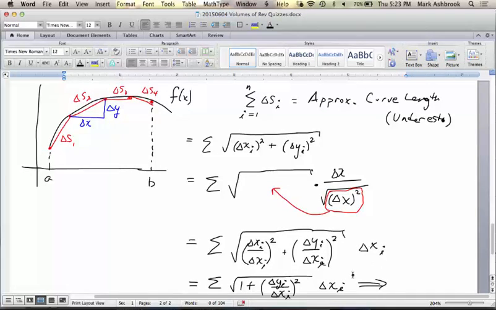So disappointing. Really? Nobody knows? The ratio of delta y to delta x as they get small?